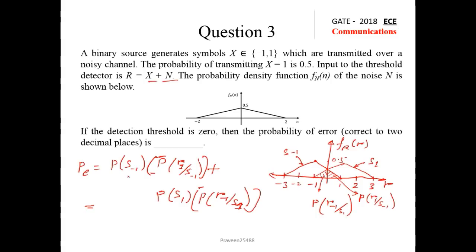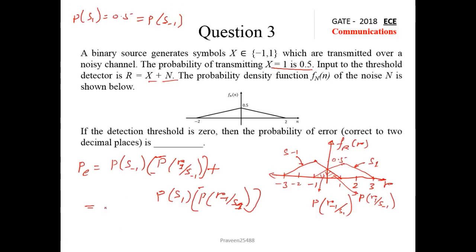So on putting the values, the probability of transmitting x equal to 1 is given as 0.5, means probability of s1 is 0.5. So the remaining probability would be for the other symbol, which is 0.5 for s-1.